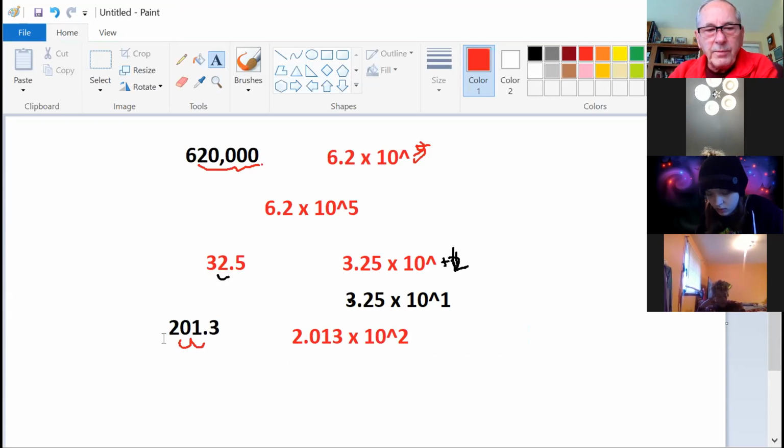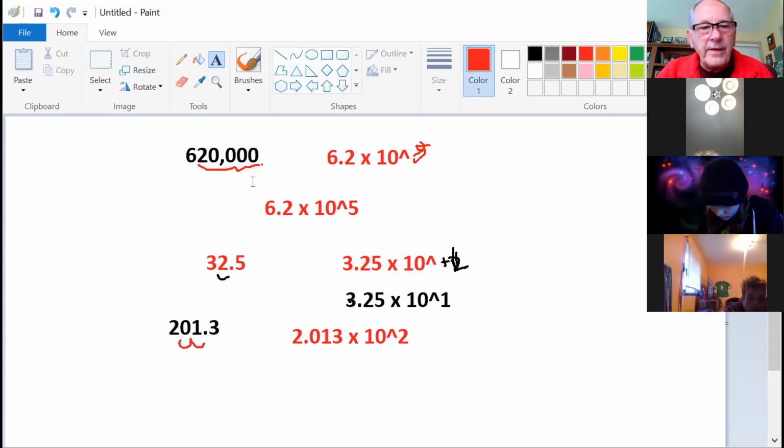You've got to move the decimal place over and then account for it when you multiply by 10 to the something power. It's got to equal whatever you started with. You always want the decimal after one digit. You want to end up with a number from 1 to 9.